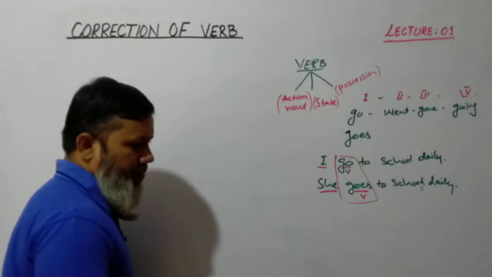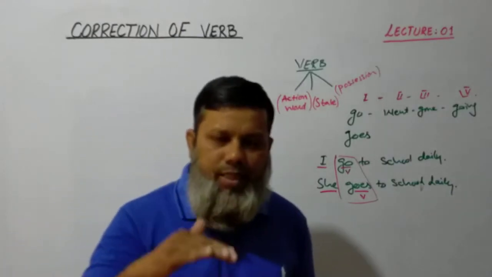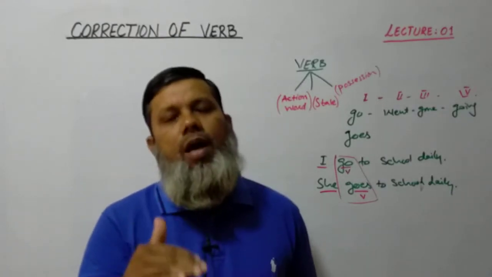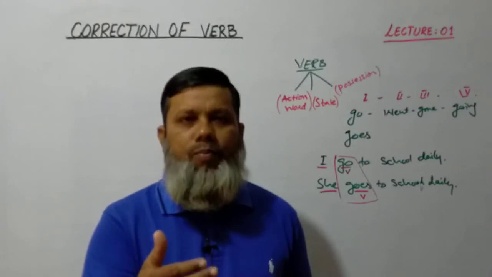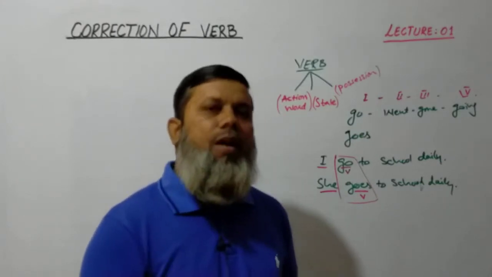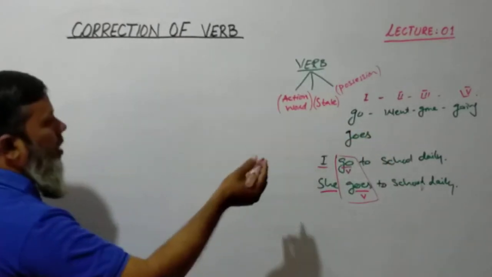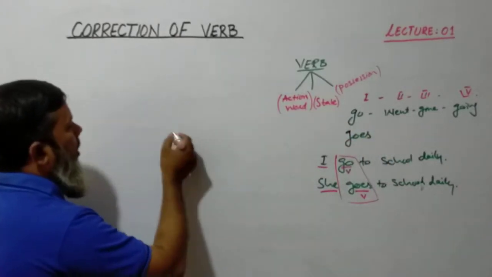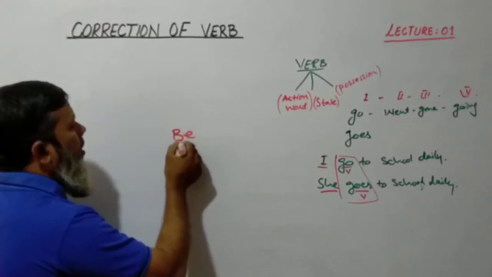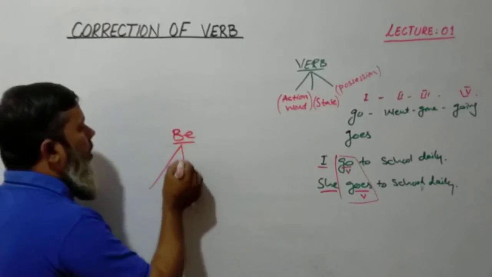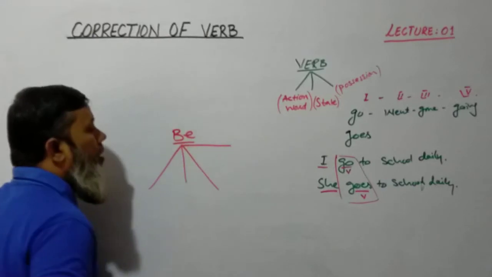So I, being a very little learner, I just say, let me make the fifth form of this word. If you say there's a fifth form, I just mention the verb be. What is the first form, second form, third form, and fifth form? Fourth form.